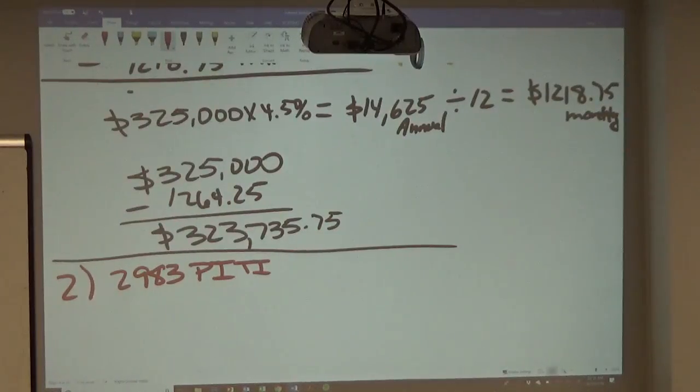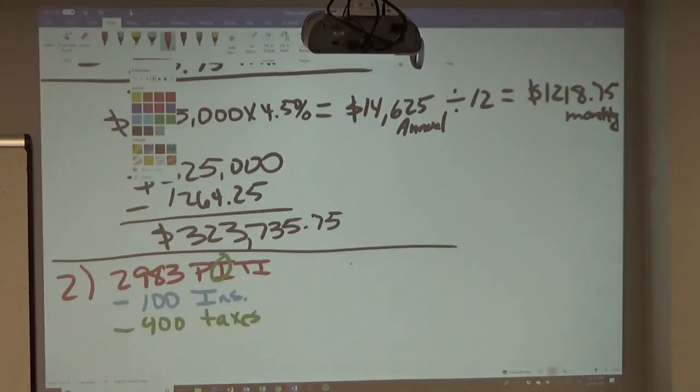And we know that we're losing minus $100 a month in insurance, minus $400 a month in taxes. We pay those first. Now we have to calculate the interest piece, and we don't know that. So that's where we have to go back to our previous month's balance and start with that.